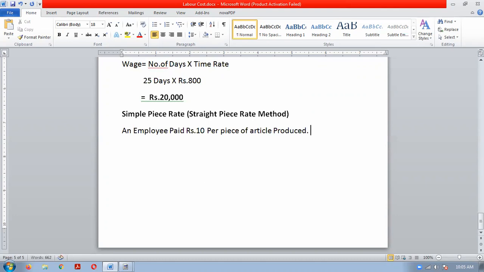X, an employee, produces 200 units. Find out his wage as per straight piece rate method.